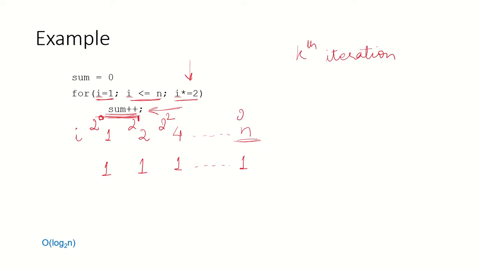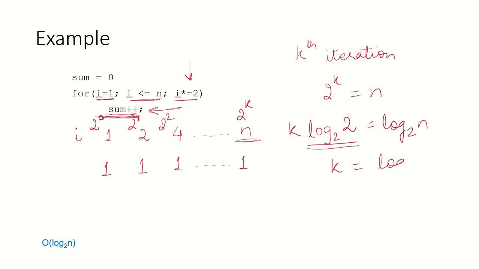That means n would be 2 to the power of k. 2 to the power of k is equal to n. That means if we take log on both sides, k is equal to log n.